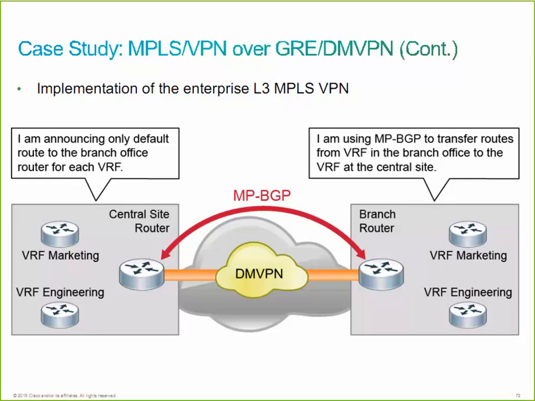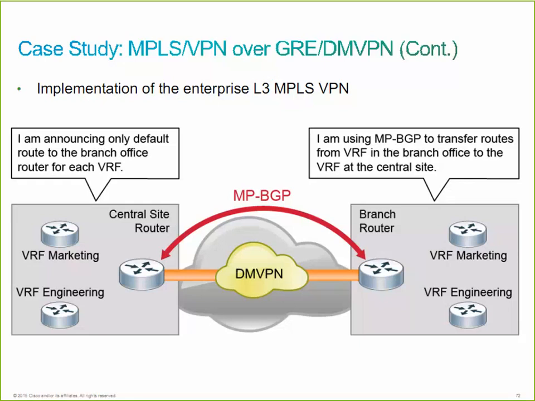Each branch office has its own internal autonomous system number, private, we obviously don't need public ASs, and so on. So now you're starting to see that we're building out this same robust MPLS VPN architecture over our DMVPN network.